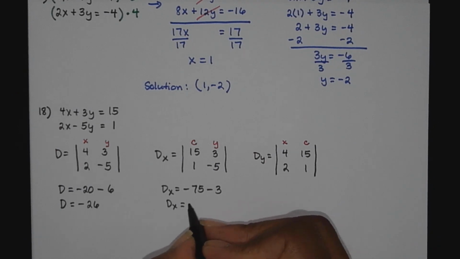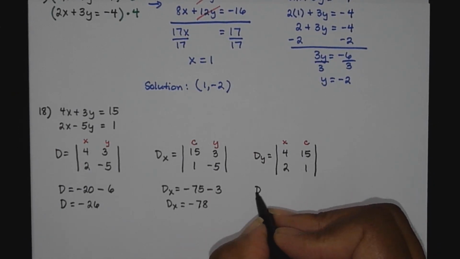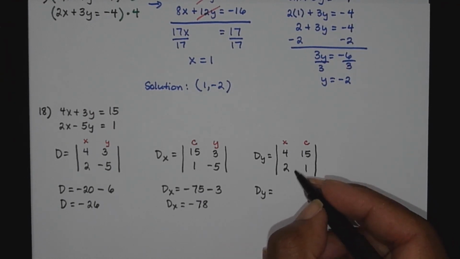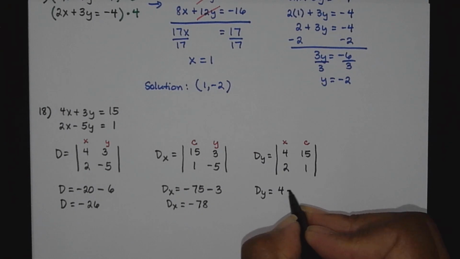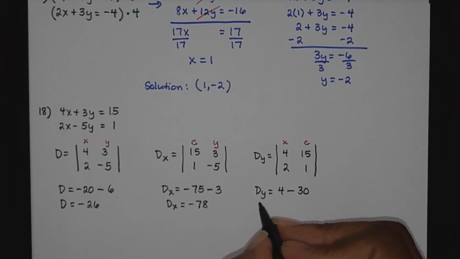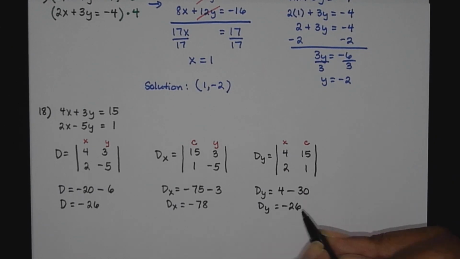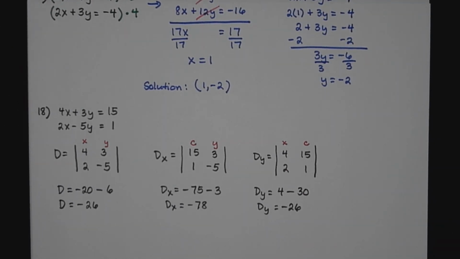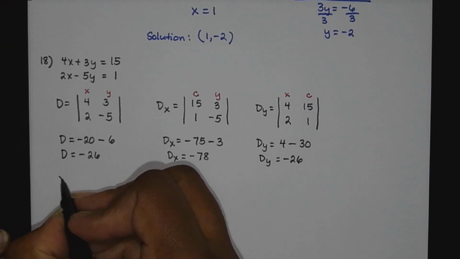Negative 75 minus 3 would be negative 78. And then for d sub y, 4 times 1 is 4, minus 2 times 15, 30. 4 minus 30 would be negative 26.